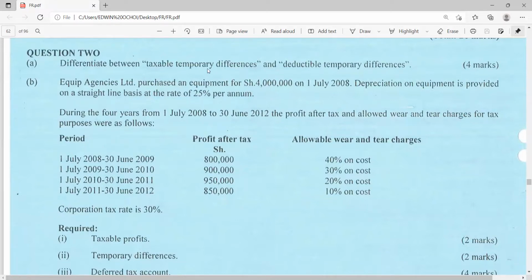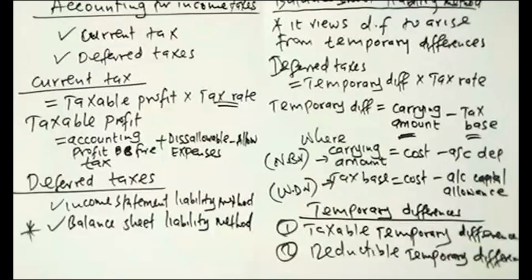How did I say you differentiate the two? Rose, how did we say we differentiate the two? I can see you have a lot of noise because your mic is unmuted. Yes, you can now answer the question I've asked. How do you differentiate the taxable temporary difference from deductible?